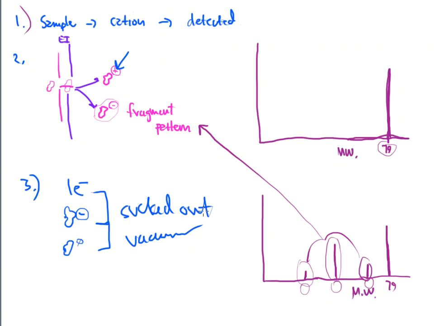And that is done by vacuum. So we have to have a vacuum hooked up to the system. We have to make sure that it is capable of sucking out all of the trash that will go into the mass spectrometer system. And the only thing that we want are the positive charges to reach the very end.